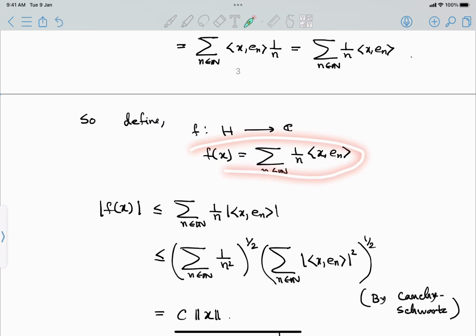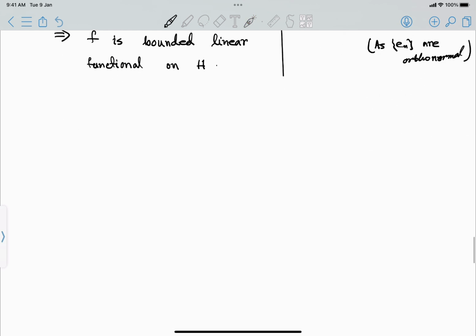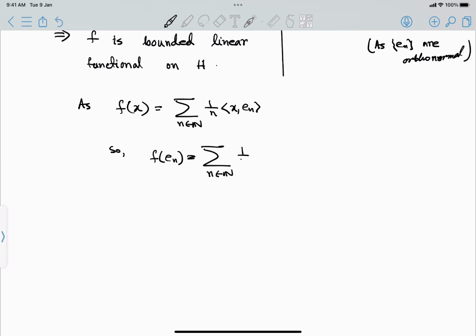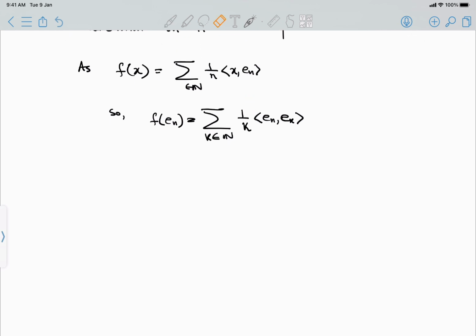If you put En here, as f of x is given by the summation over n of 1 by n times the inner product of x with En, f of En will be the summation over k of 1 by k times the inner product of En with Ek.